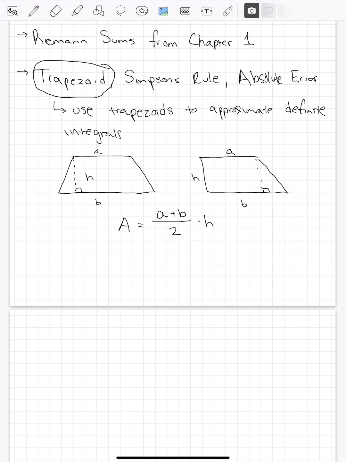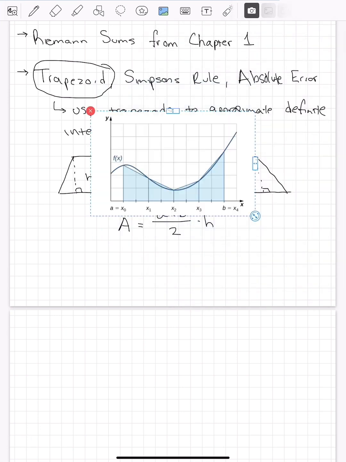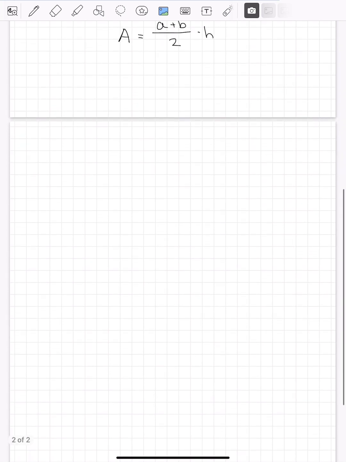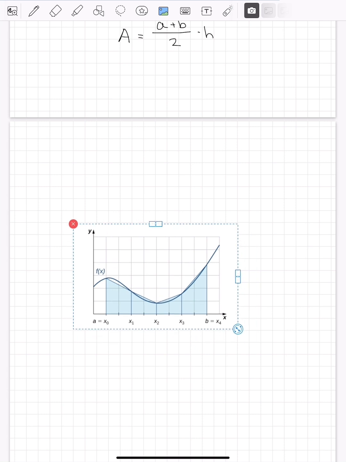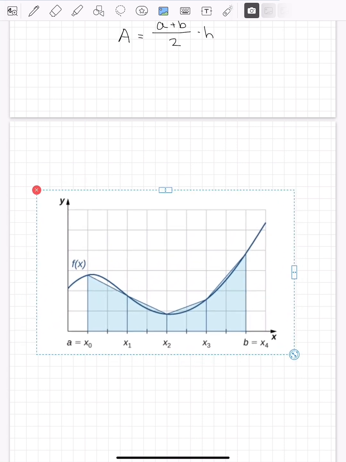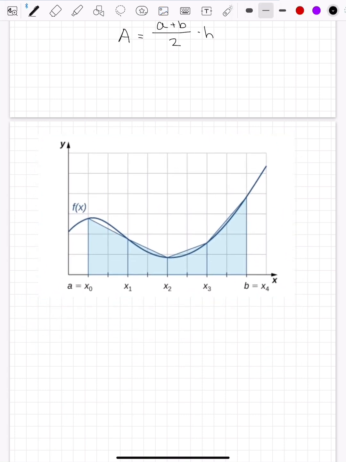Now let's look at a function, and let's look at how we use trapezoids to approximate the area under the curve, or better yet, approximate the definite integral. In this image from the textbook, we see that there are a number of trapezoids already plotted for us, and the width of the trapezoids is all the same unit length.